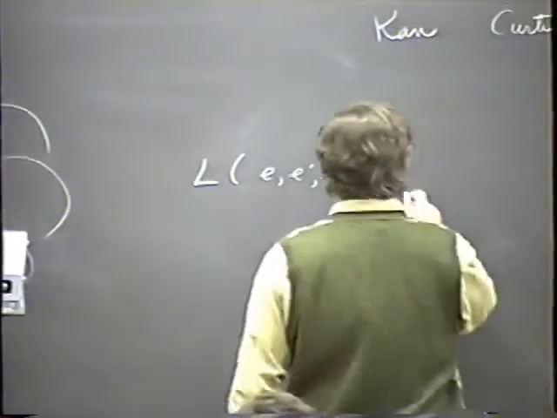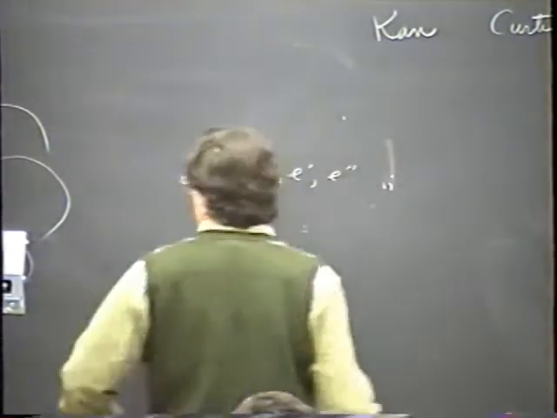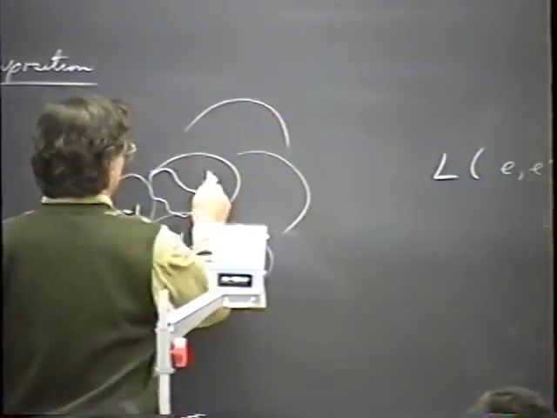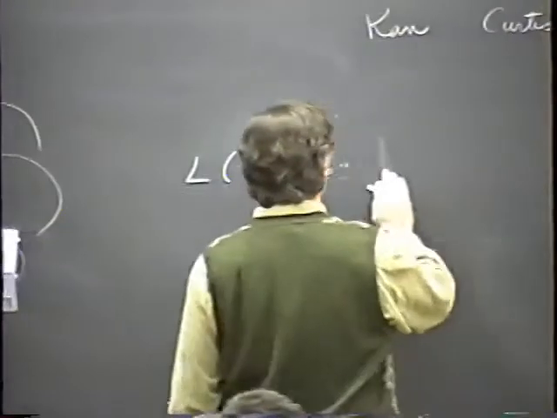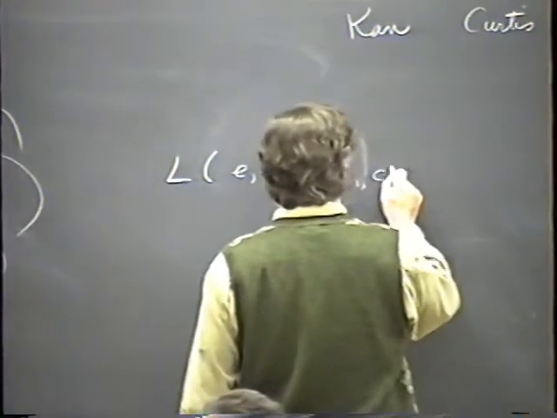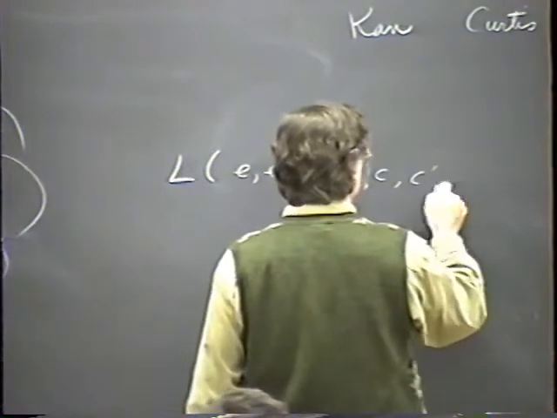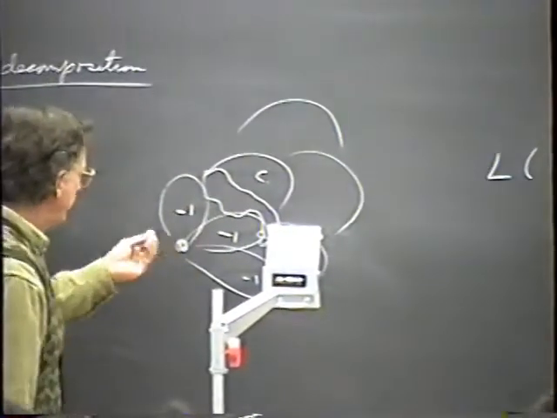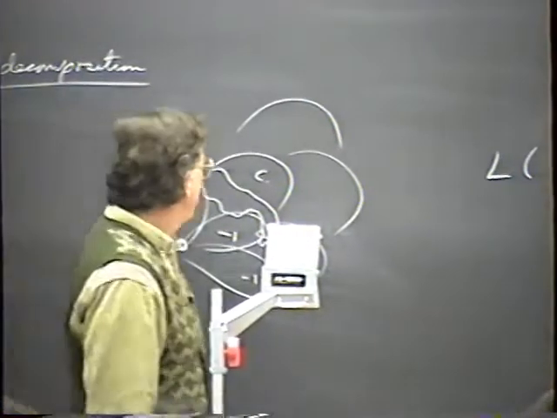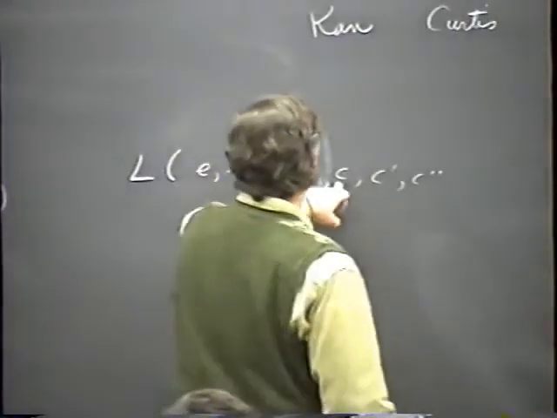So then you can attach some new cells. You take these cells, call them C, C prime, and you add those cells as new generators, C, C prime, C prime prime. And you put them in dimension 1 less than they are, and now each of these has a boundary, which is a sphere.